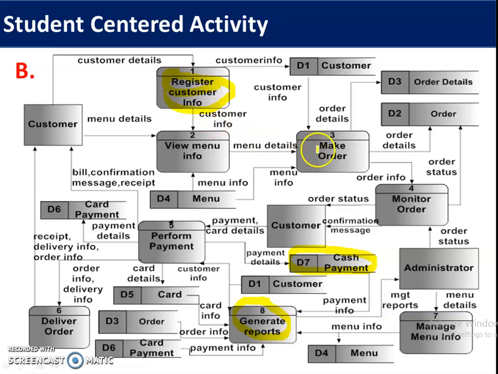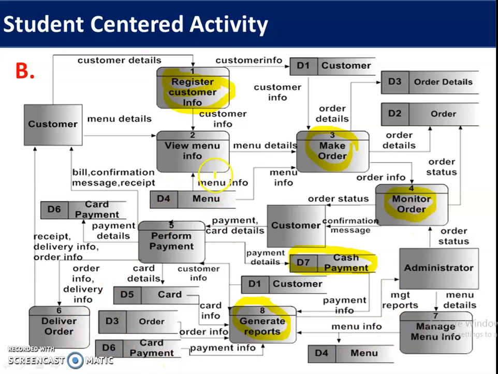Now take a look at make order. How the order is done? You can also make another child diagram for this process 3. While for monitor order, how to check or monitor the order, you can still look for the sub-processes for this one. So you can also make another child diagram for this process number 4, and so on.